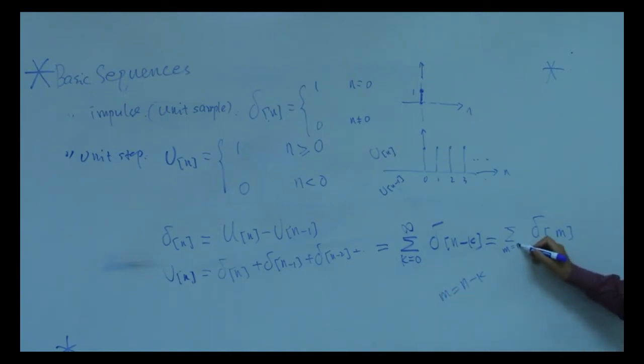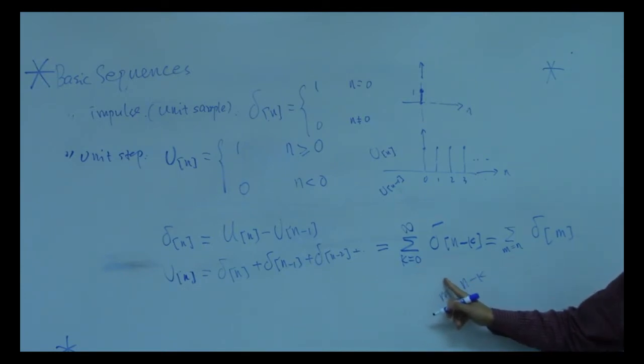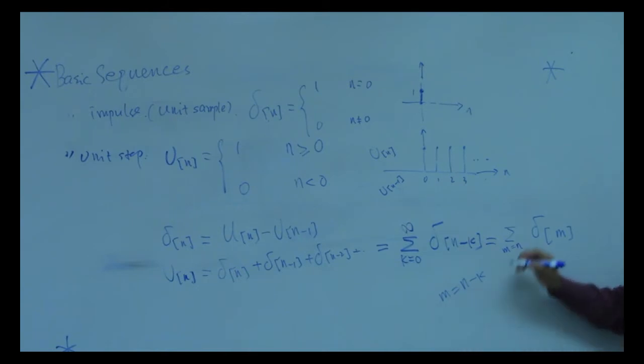And when k equals infinity, keep in mind, here n is just an integer, so this integer minus infinity equals negative infinity, right? Okay.